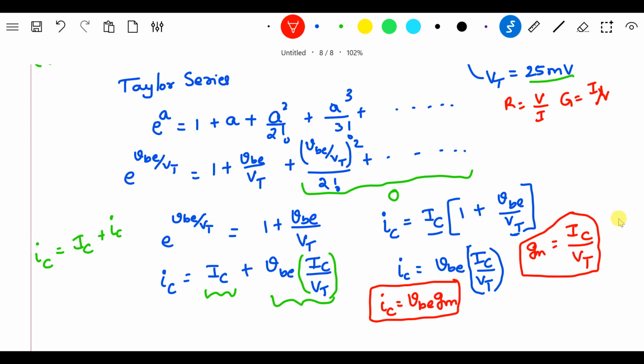Another factor which you need to see here is, as IC is very high, it means collector current increases in an amplifier circuit when BJT is considered.